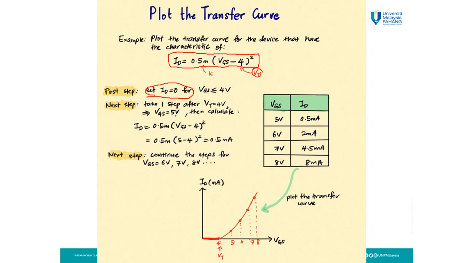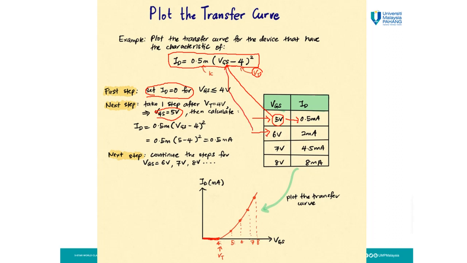Next, after VT equals 4, we set VGS to 5. So the point is here. Insert 5 in this equation, then calculate, and you get ID is 0.5 milliampere. The next point is 6 volt.